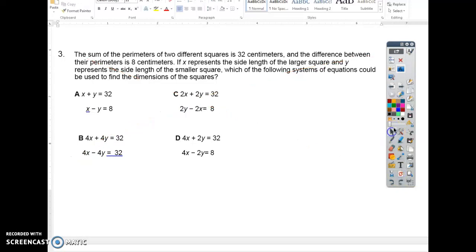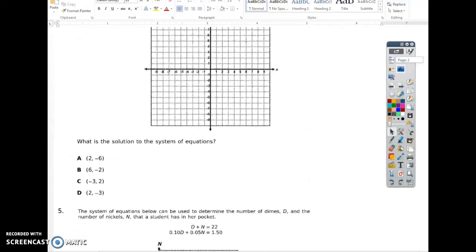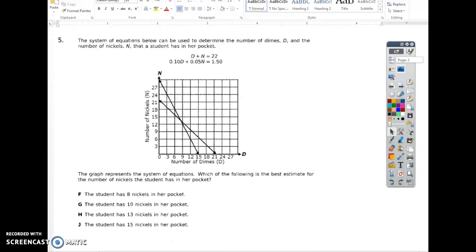Problem number 5 is also written incorrectly, but we are going to do it. Okay? We're going to do it. We're just going to change one of those answers to the correct one.